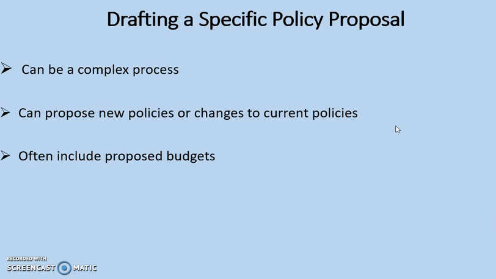So be mindful that you don't want to have a 30-page proposal. I did not set a page length for the policy that you're going to be proposing, but I do want you to give it full consideration, addressing each of the 5 criteria we looked at in the previous slides.